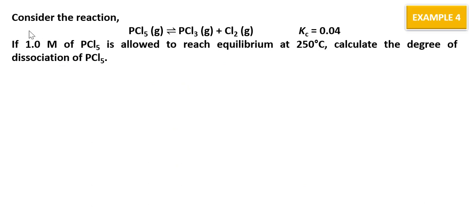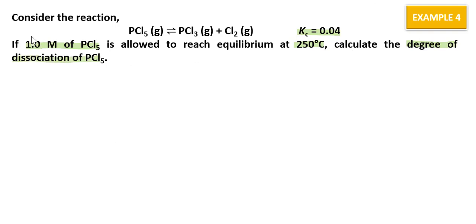As an example, consider the reaction PCl5 gas in equilibrium with PCl3 gas and Cl2 gas. We have the value of Kc, which is 0.04. If 1 molar of PCl5 is allowed to reach equilibrium at 250 degrees Celsius, calculate the degree of dissociation of PCl5.